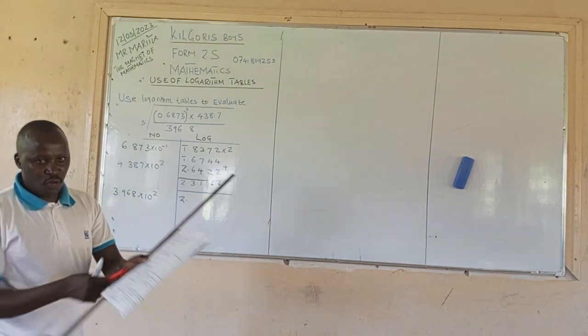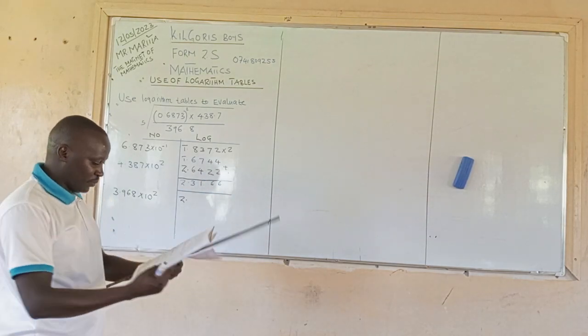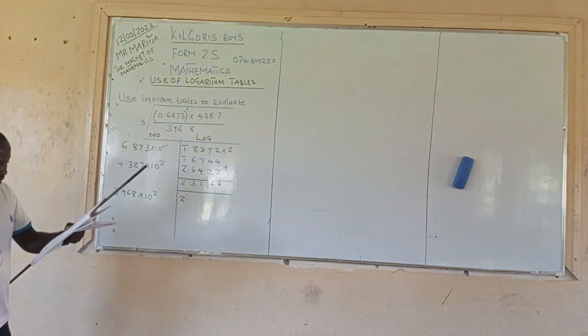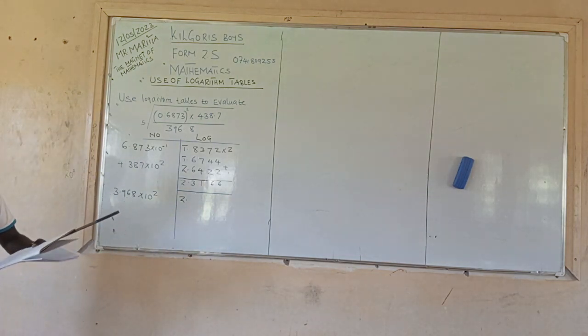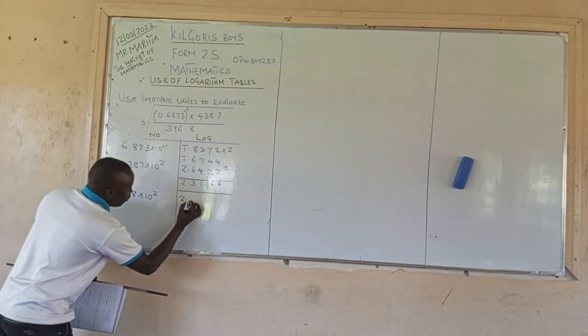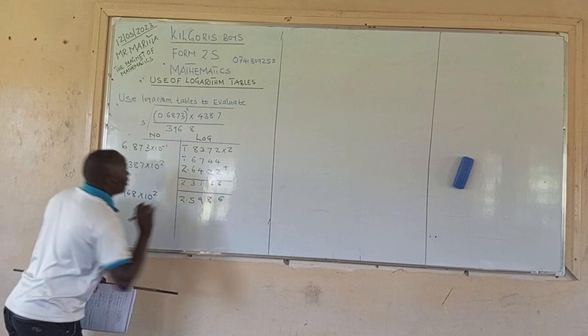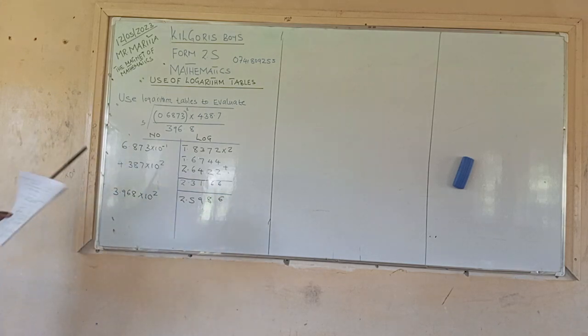If you read that from the table, we get 5986. So we have 2.5986.